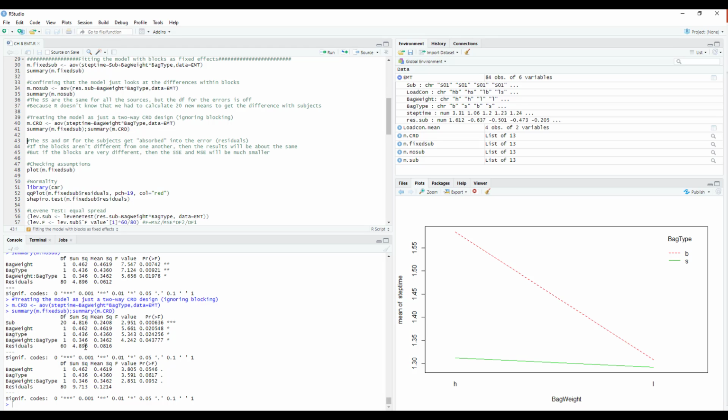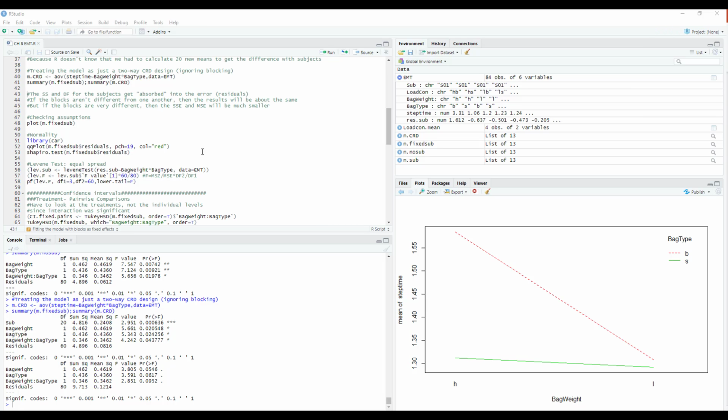So 4.8 plus 4.9 gives us this 9.7. And because our MSE is now going to get a lot bigger, all of our p-values also get bigger. So all of the effects went from somewhat statistically significant to marginally significant because the EMTs had a large influence on their own step times.